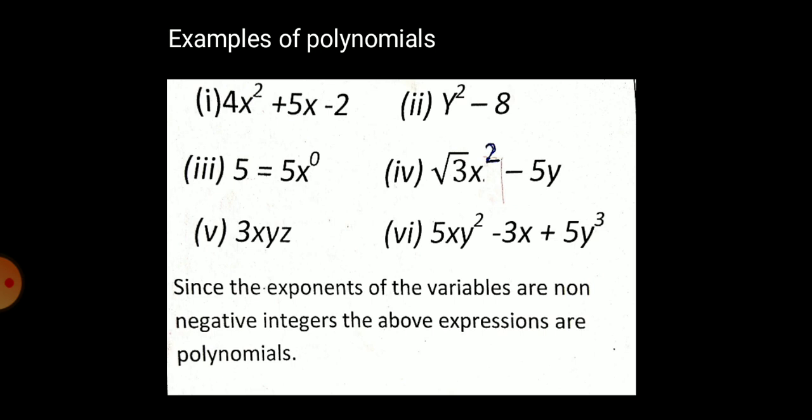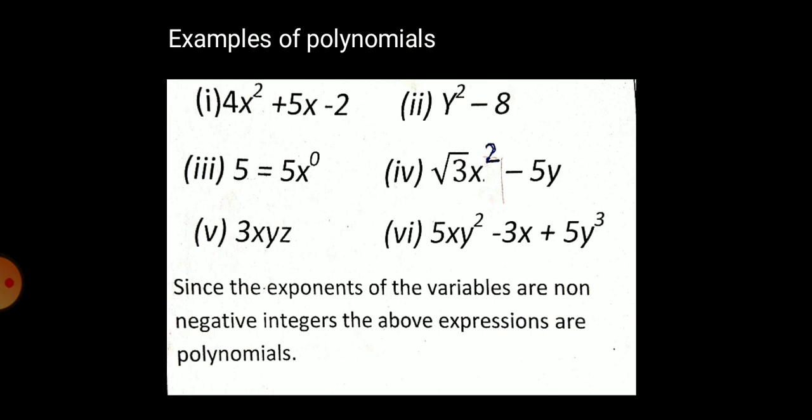Again in the second one, the power is 2 and 0. So this is also a polynomial. The third one is a constant 5. Every constant number is always a polynomial because it can take any variable raised to the power 0.